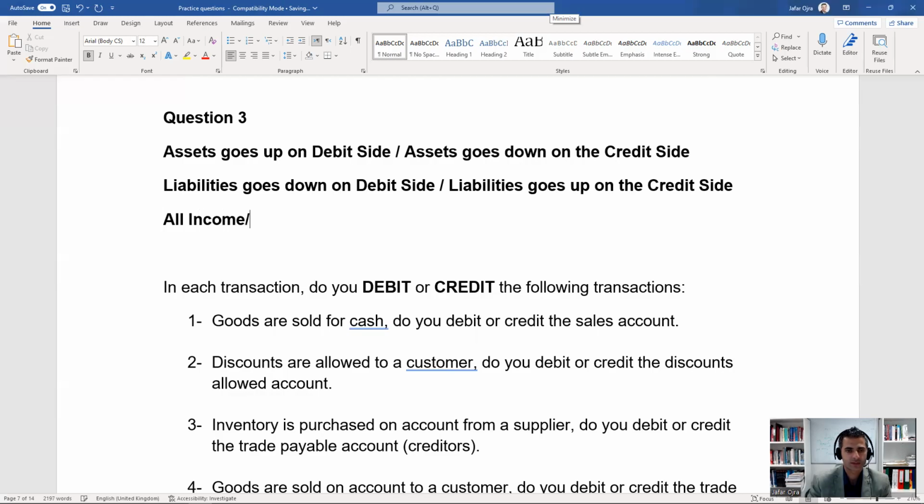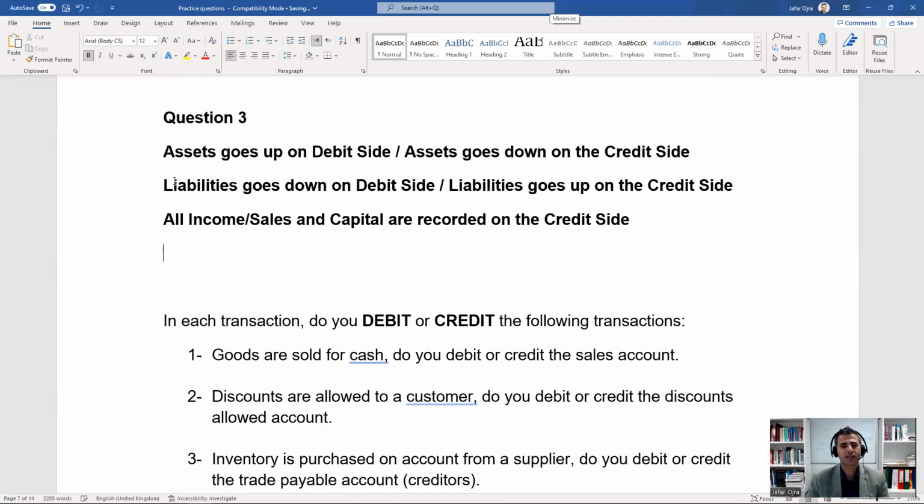Okay, all income, sales, and capital are recorded on the credit side. So all the time, if you see income, any type of income, sales, any capital, always on the credit side.